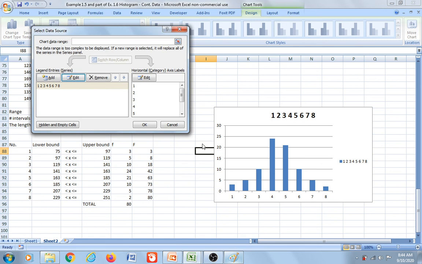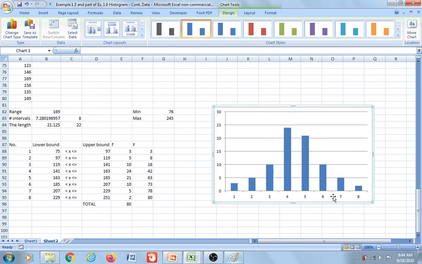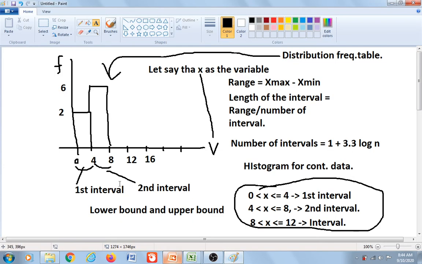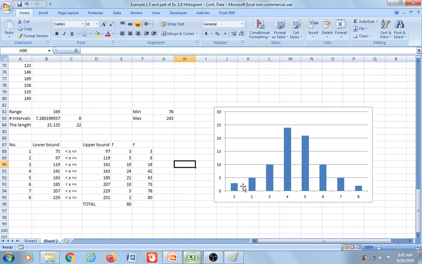That's fine. Okay, so I'm just going to delete this. Remember when I explained in the beginning, the histogram must be such that the upper bound of the first interval is the lower bound of the second interval. So here what we need to do is put no space between the bars.